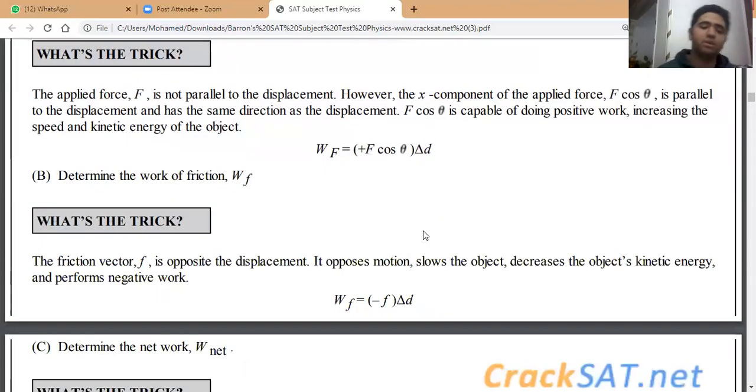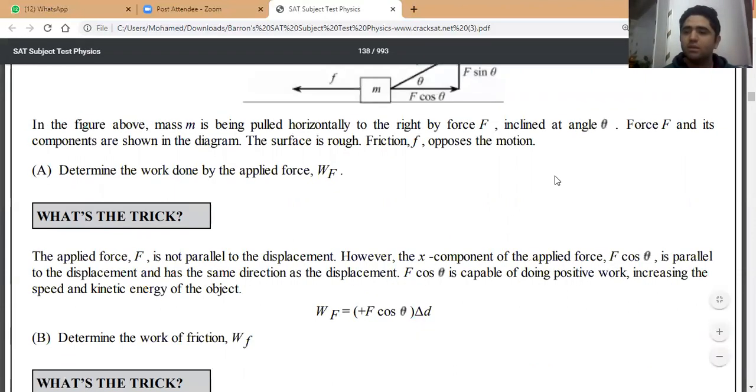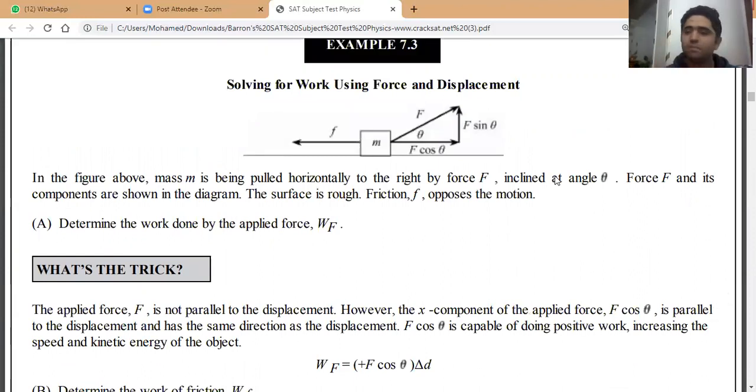Actually, if we really need to know where this negative sign came from, we need to do something very simple. This is not really necessary to understand, because in SAT physics you're not actually required to understand how things come to be. You just know the rules, but it's better to have a basic understanding of where the rules come from. Now what we understand is we have to get the x component and multiply by the distance.